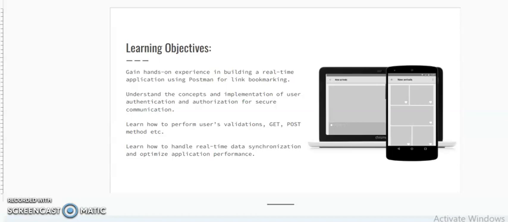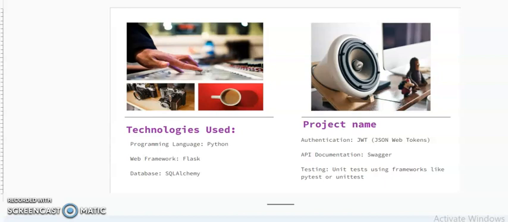Whenever a user tries to register or log in with a username that already exists in the database, feedback will be sent to him, maybe in the form of an error message telling him that such a username or password exists in the database. That is also learning how to handle real-time data synchronization and the rest of them. So without further ado, let's quickly jump into the technologies used in this project.